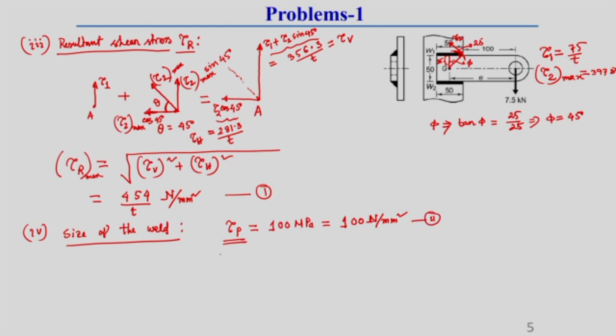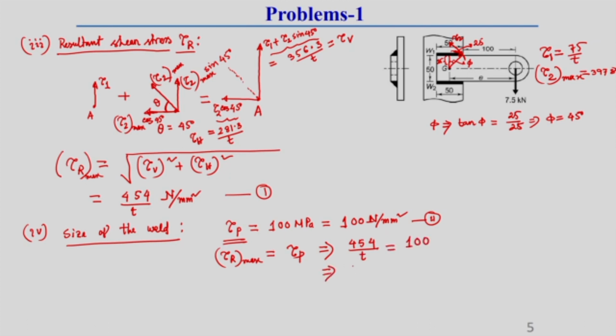That means we equate equation 1 with equation 2. Once we equate, tau r max should be equal to tau p. So, if we put in these values, 454 divided by T is equal to 100.